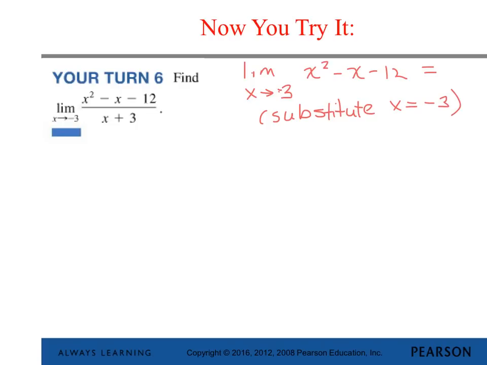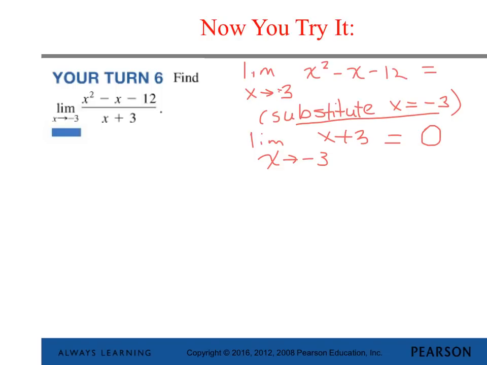And then you're also going to find the limit as x approaches -3 of x plus 3. And again, what you're going to do is substitute in x equals -3. Pay careful attention to the fact that that limit is going to be 0.